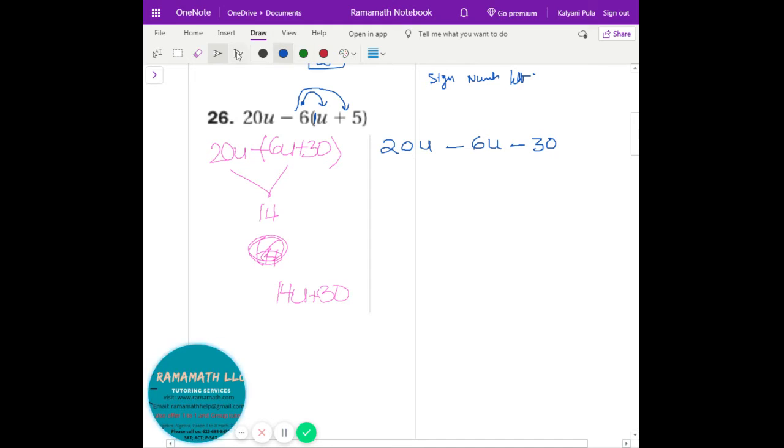Now let's combine the like terms. I see the like terms in this one: 20u and then negative 6u. So when you combine these two, you get 14u and then minus 30. Can I combine these two or not? No. Why not?